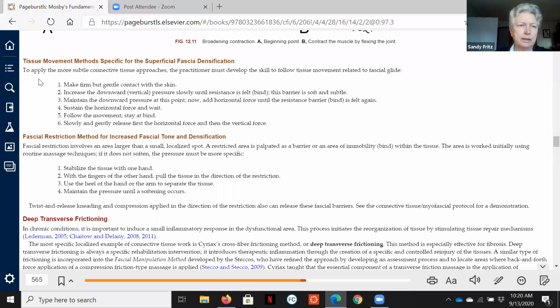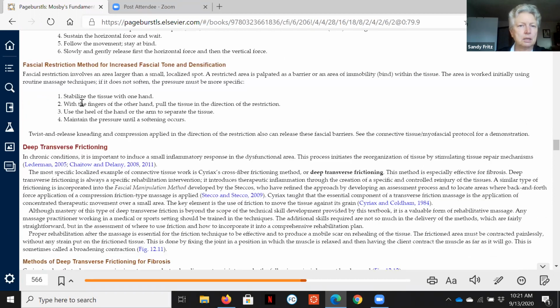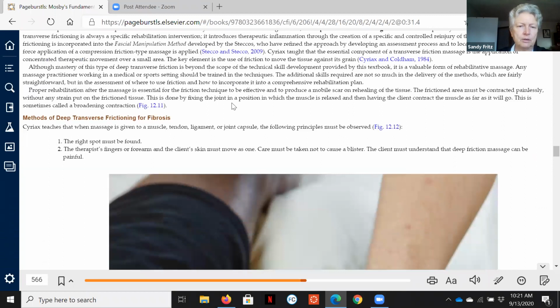So here is what we would do specifically if we had densification, which is thick jello. And these methods are also going to affect what's called fascial tone. And those are those little circles of muscle that keep the fascia taut. Think of a trampoline. Now, deep transverse friction, and we talked about this a little bit in the implement assisted thing about the scraping, can cause inflammation.